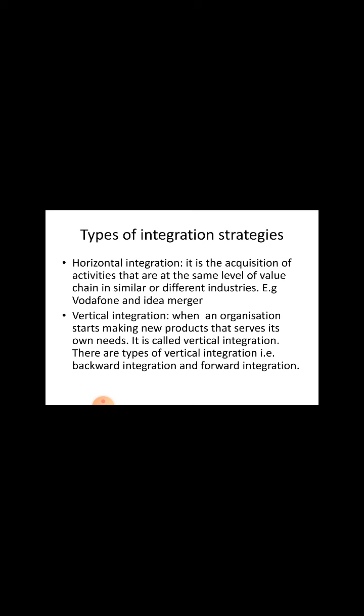That means a company takes over a firm that has a similar production process, similar marketing process, and distribution process. We can take the example of the Vodafone Idea merger, Facebook Instagram acquisition, Flipkart Myntra merger. These are all examples of horizontal integration.